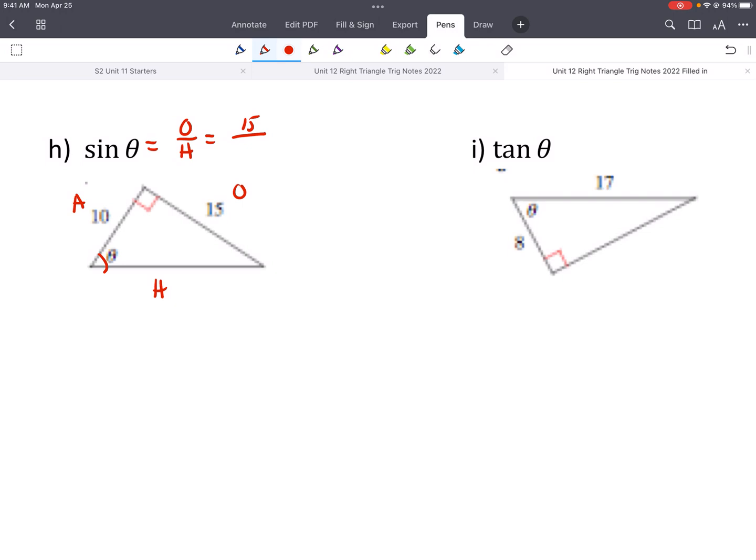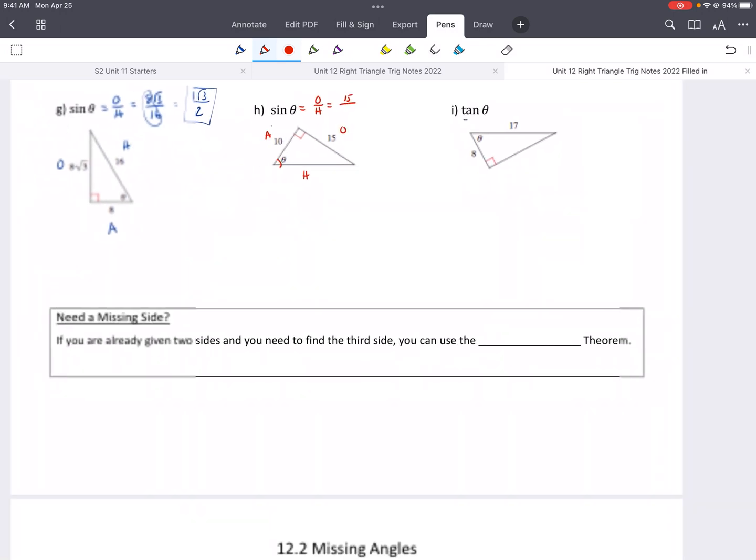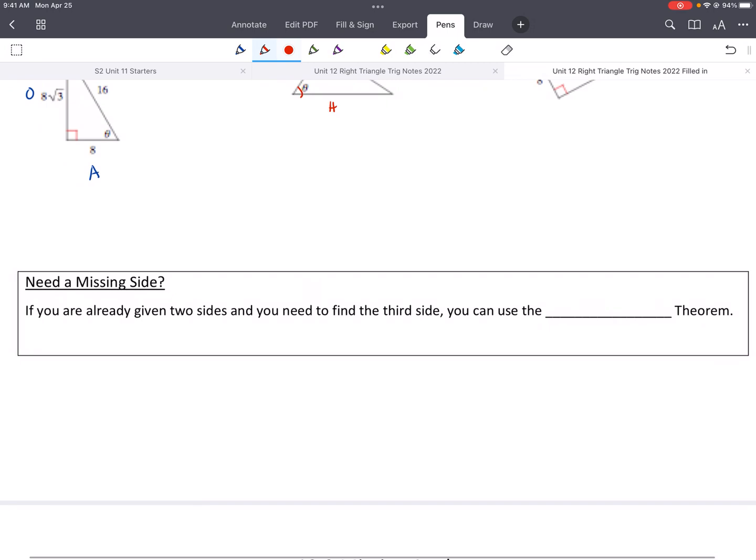Okay, but if you recall in the past, if you're missing a side and you have 2 of the 3, then you can always use the Pythagorean theorem. Okay, and that's a squared plus b squared equals c squared. Or we could use a squared plus o squared equals h squared.